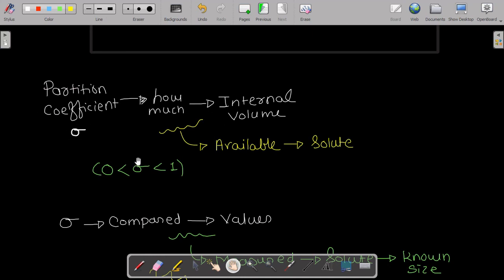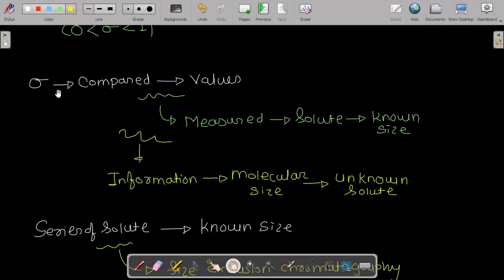The value of sigma is between 0 and 1, that is, it is greater than 0 but smaller than 1. Now when this sigma, measured for the solute, is compared with the values for solutes of known size, that comparison gives information about the molecular size of the unknown solute.